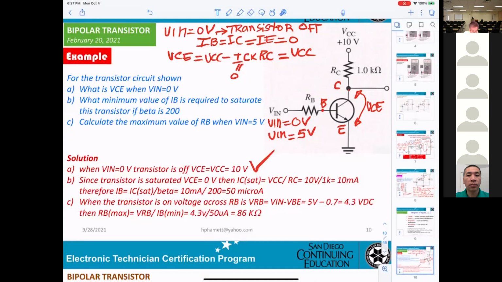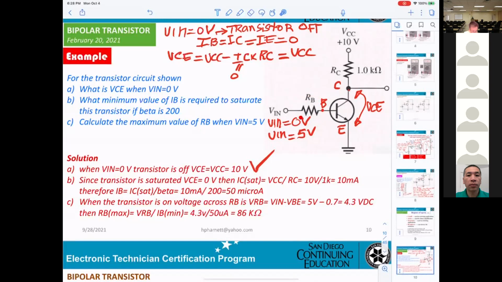Basically, you take the Vin minus 0.7 volt for this junction, and that's what gives you 4.3 volt for RB. That means the voltage across the resistance RB.